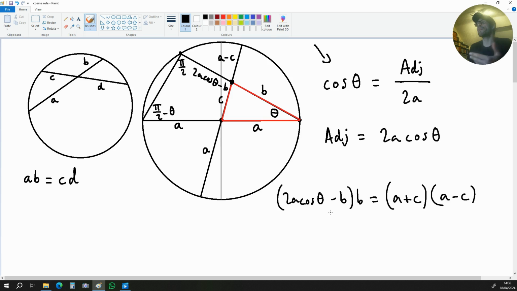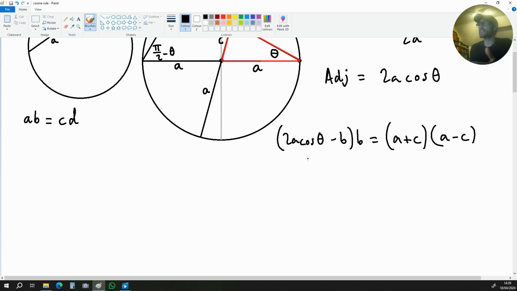So all we've done here is apply that chord theorem to this diagram. We've multiplied this segment by this segment over here. So that's 2a cos theta minus b times b. And we made that equal to a plus c, this segment over here, times the segment a minus c.